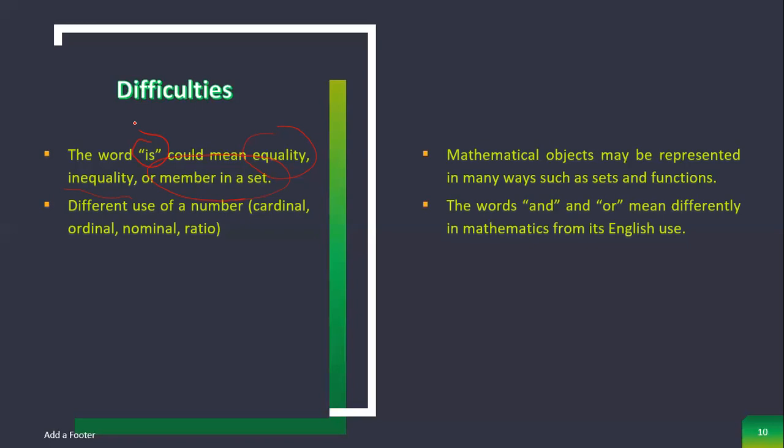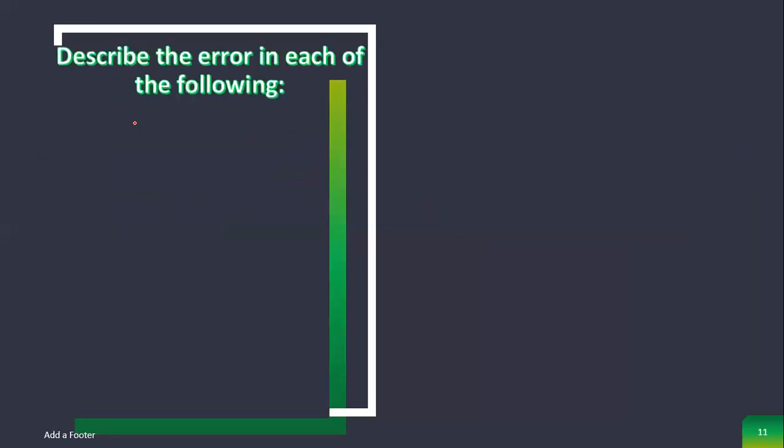In probability, "and" means that the outcome has to satisfy both conditions at the same time. On the other hand, "or" in probability means that the outcome has to satisfy one condition or the other condition, or both at the same time. So it means differently in mathematics from its English use.